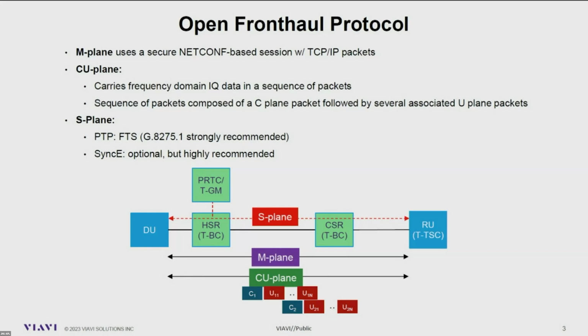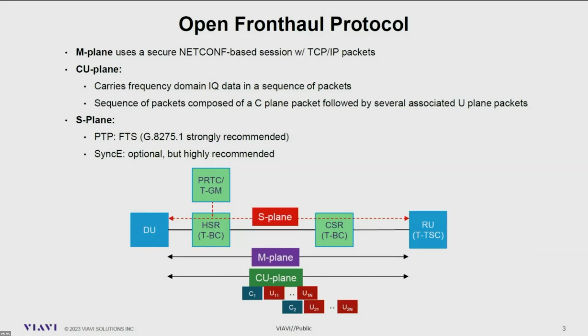Then we have the CUS plane specifications that talk about control and user plane aspects. That's where the IQ samples are. Most of the packets are taken by this category. And then we have the S plane, which is primarily PTP, precision time protocol.